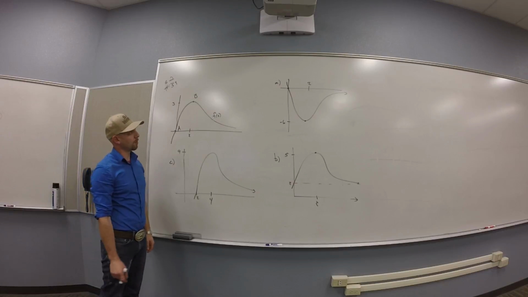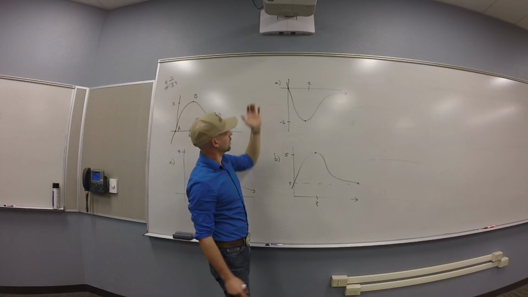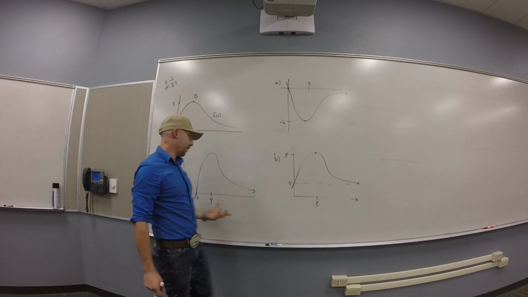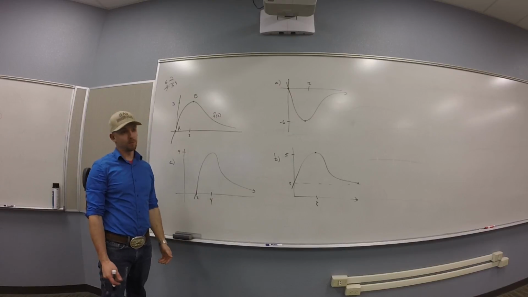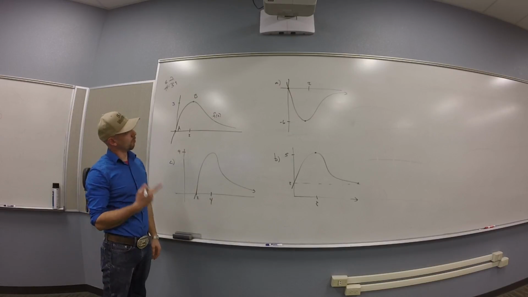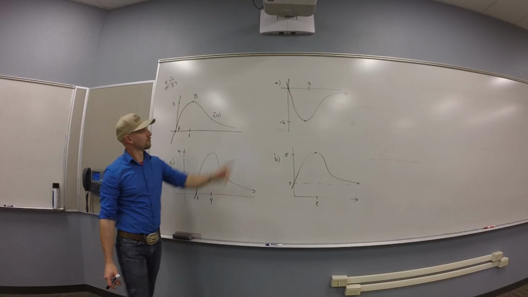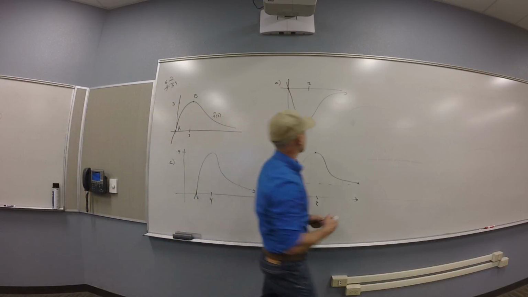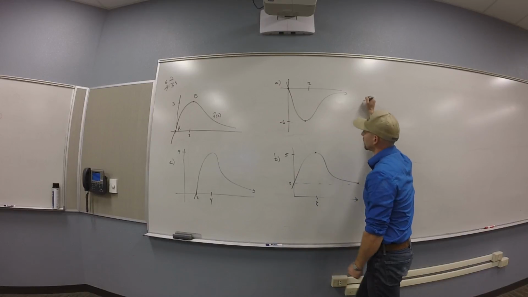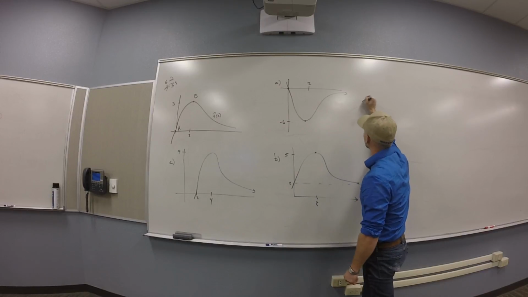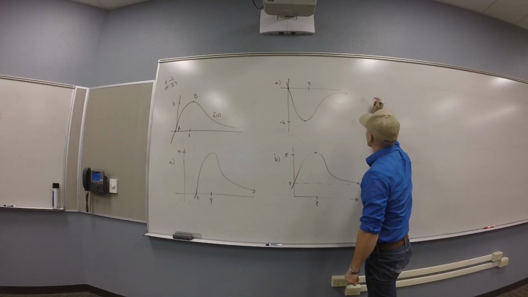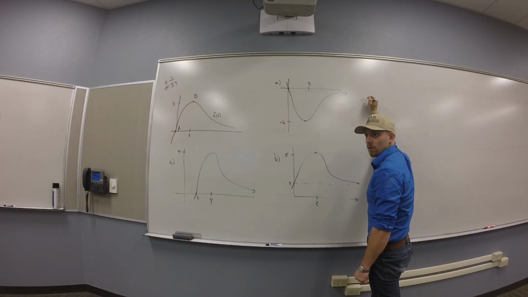Okay, then they want me to come up with formulas for these shifted ones, right? So let's see if we can do that. So what happened with A first? Okay, flipped. Let's see. Is that a vertical or a horizontal flip?